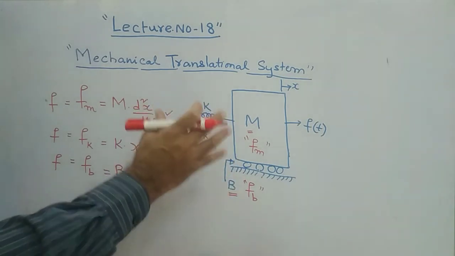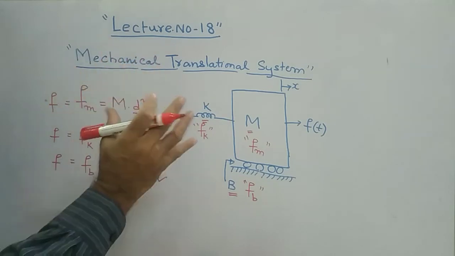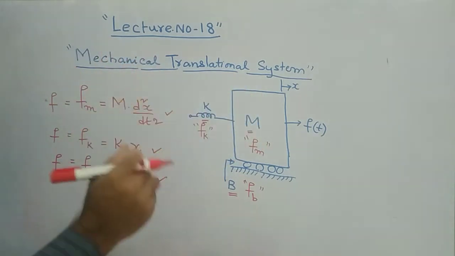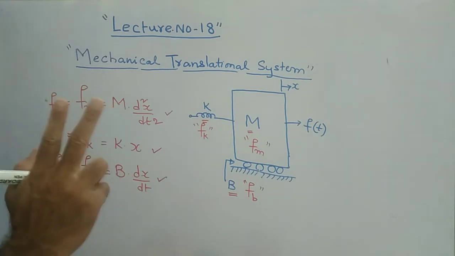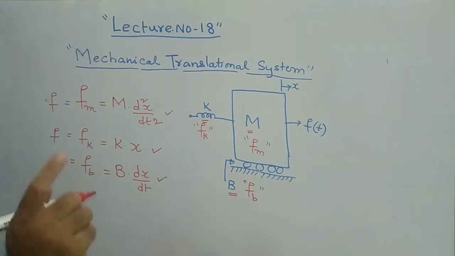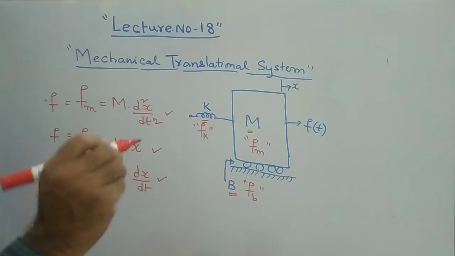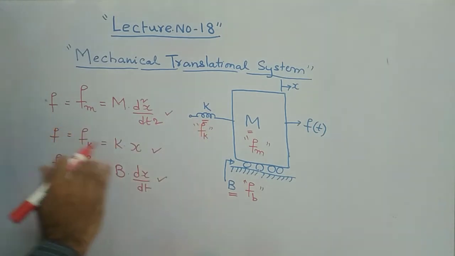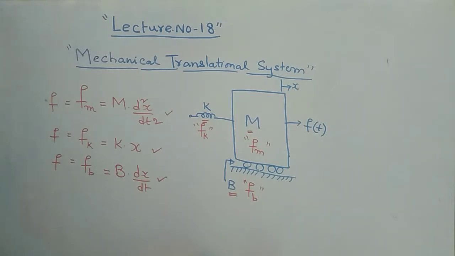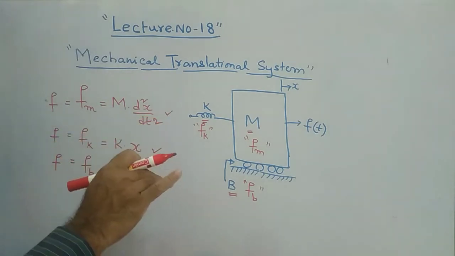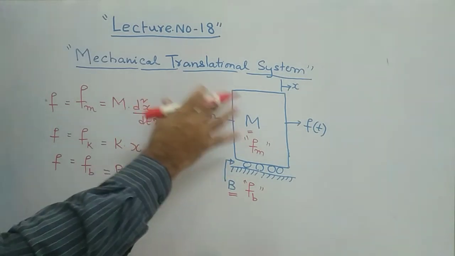Whenever you are asked a question on this mechanical translation, normally two questions are asked. The first question, point A, is write down the differential equation associated with that given mechanical system. And the second is find out the transfer function of the given mechanical system.